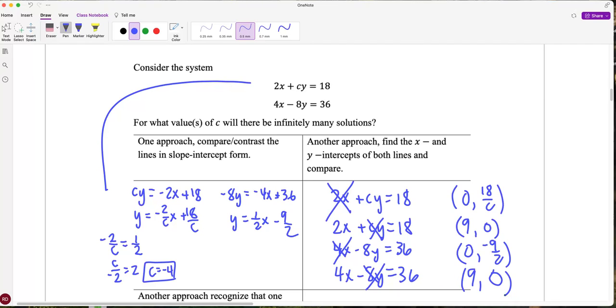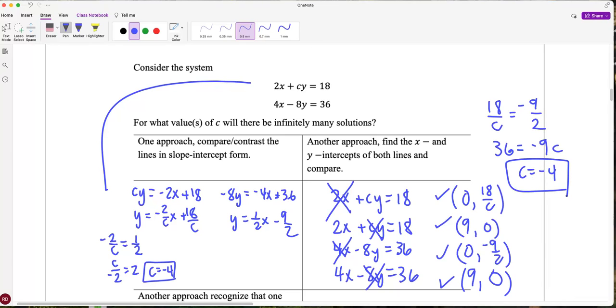So what I see here is that for this to happen, these 2 points have to match, and then these 2 points have to match, which means 18 over c is equal to negative 9 halves. Cross multiply, 36 equals negative 9c. So c is equal to negative 4.